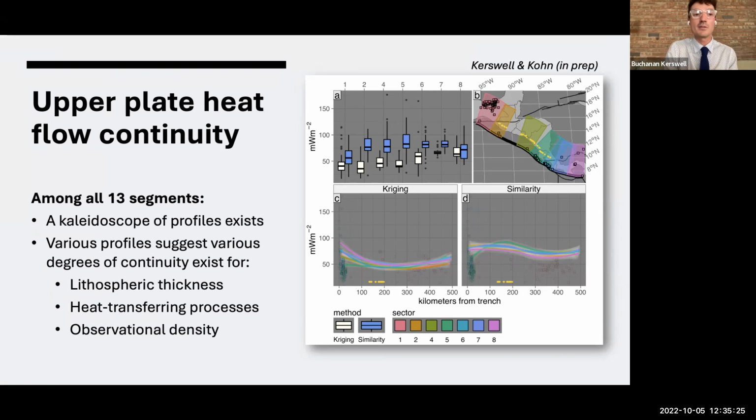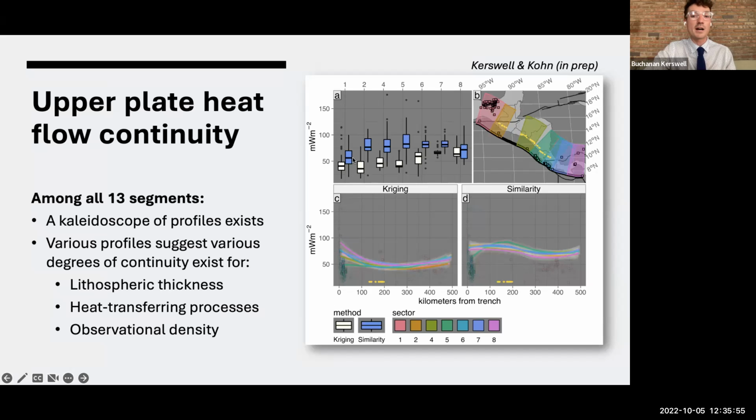And you can see the same sort of phenomenon maybe a little bit more clearly in this box and whisker plot on the top, where on the x-axis is all the different sectors, 1, 2, 3, 4, 5, 6, 7, 8 different sectors. The blue boxes represent the distribution of the similarity predictions for each of these sectors. The whitish boxes represent the distribution of heat flow predicted by kriging for each of these sectors.